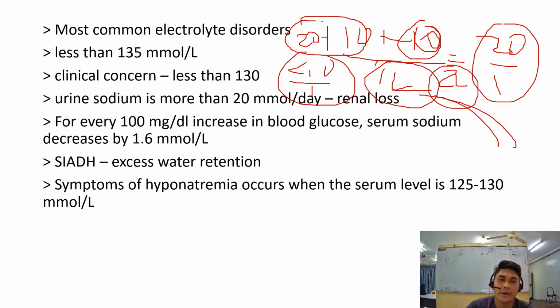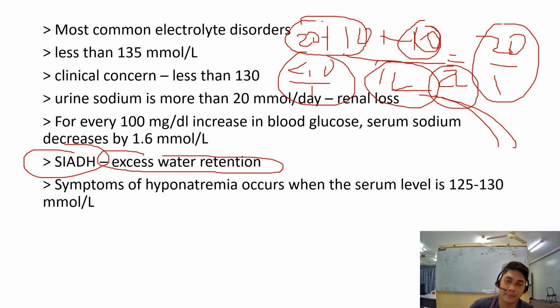Next, SIADH: there's excessive water retention. So remember the diseases or conditions associated with SIADH, for example, cancer. Next, symptoms of hyponatremia occur when the serum level is 125 to 130 millimoles per liter.